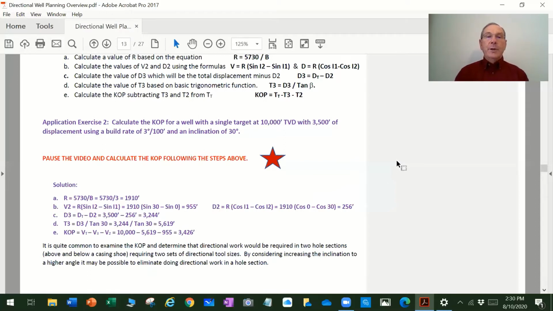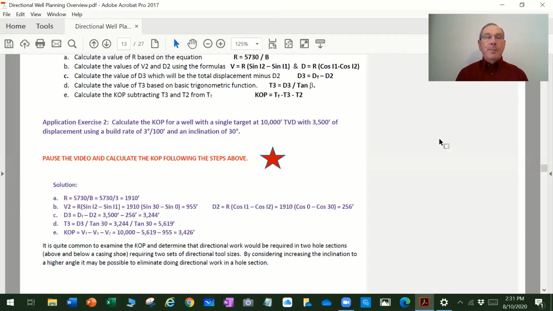All right, the solution for this is based on very little information given. It doesn't take much information. You first calculate a value of R, dividing the build rate into 5730, which comes out to a radius of 1,910 feet.